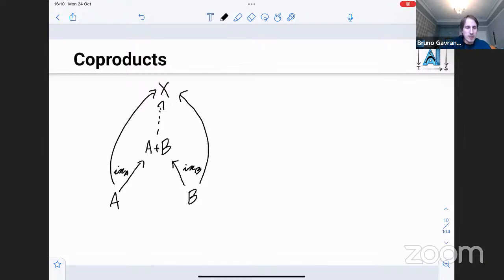I will not stay too much on this definition, but sort of the main idea I want to give you is that these concepts are entirely dual and can be defined in terms of each other.